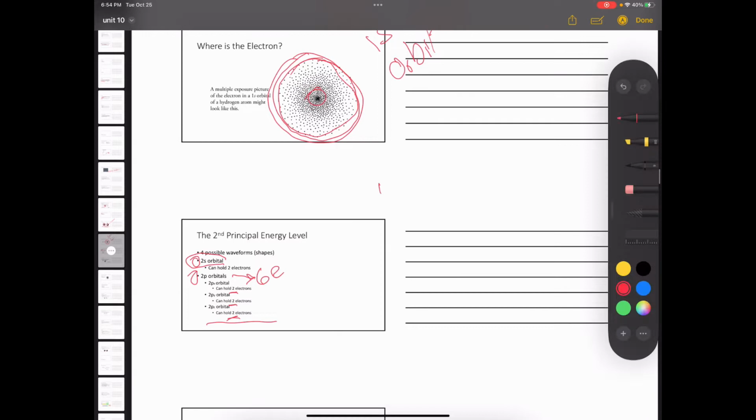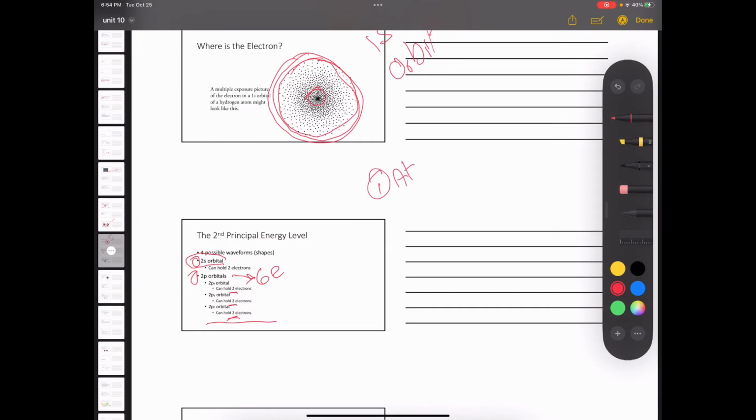That's number one. Number two, we are talking about attraction. Remember, the electron is negative, and you have protons that are positive in the nucleus. So if the electron moves to the second principal energy level, it has moved away from the nucleus, from the positive charge.